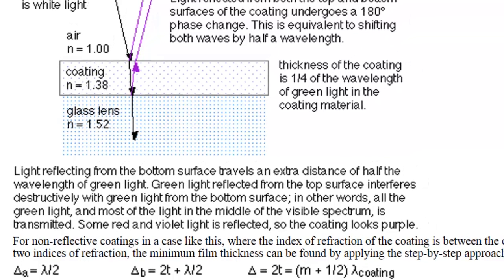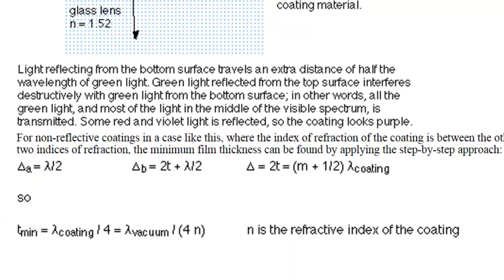How do we work this out? In this case, the index of refraction is between the other two indices of refraction. In your step-by-step approach, let's look at A, the first interface. In the first interface, you've got n equals 1 and n equals 1.38, so you're going to have a pi on 2 shift. In the second interface between 1.38 and 1.52, you're going to have another pi on 2 shift.